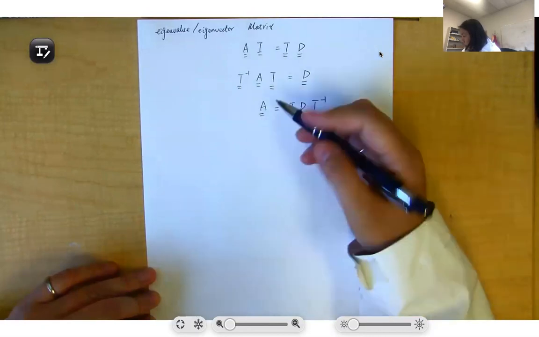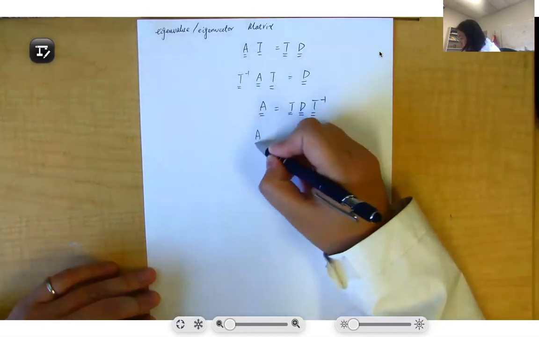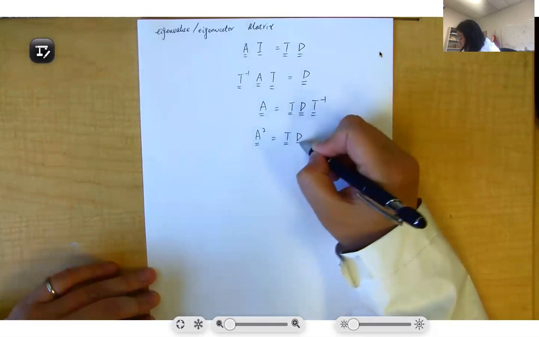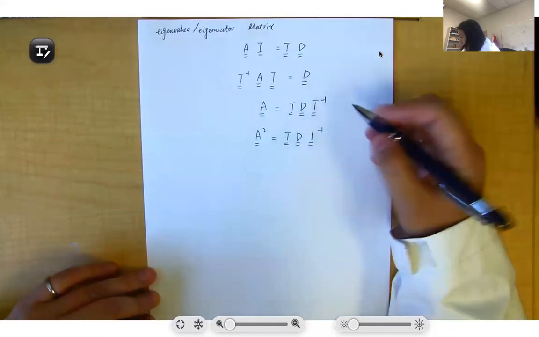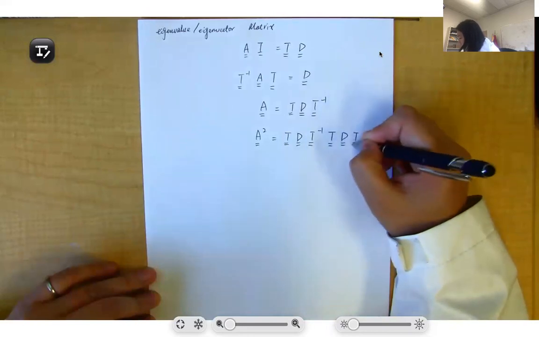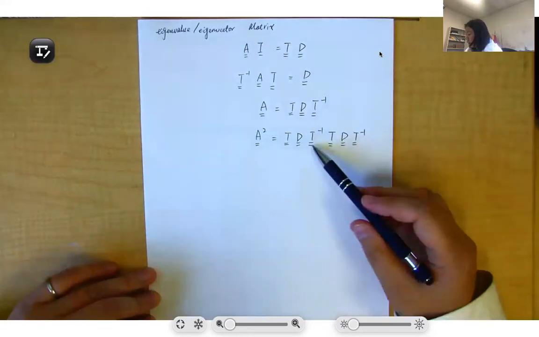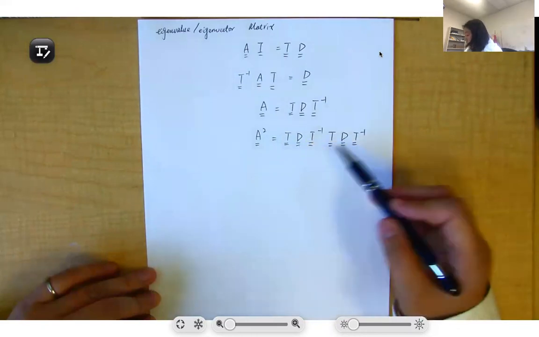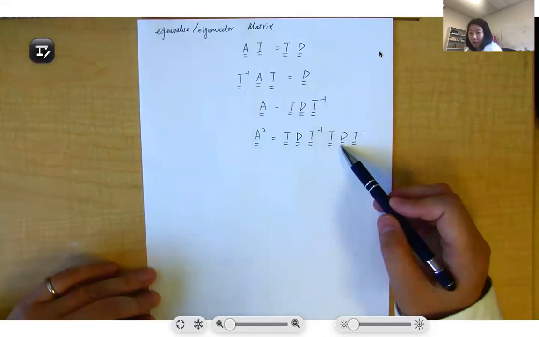And if you have A squared, that will be T D T inverse, T D T inverse. You know this middle part will be identity, and D times D, which is diagonal, will be D squared.